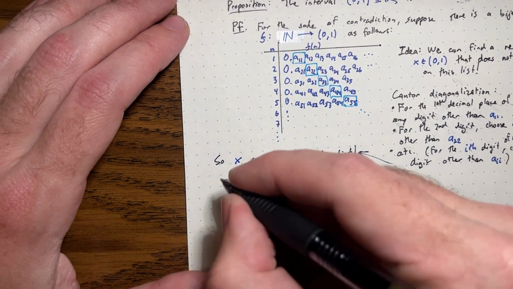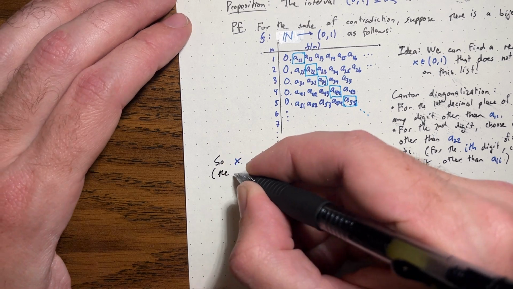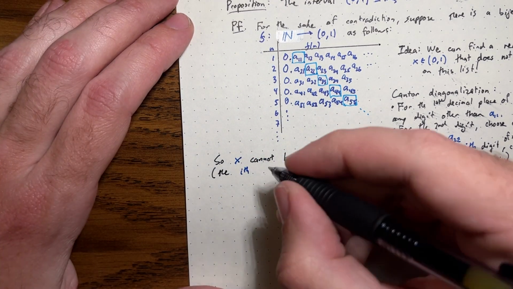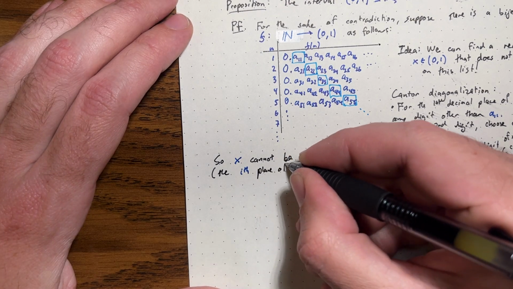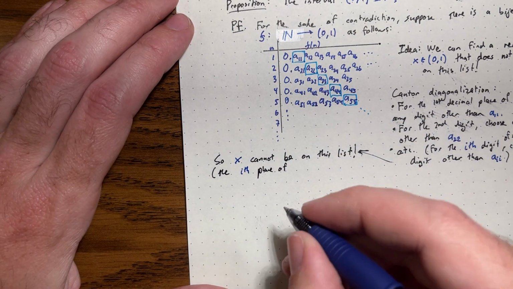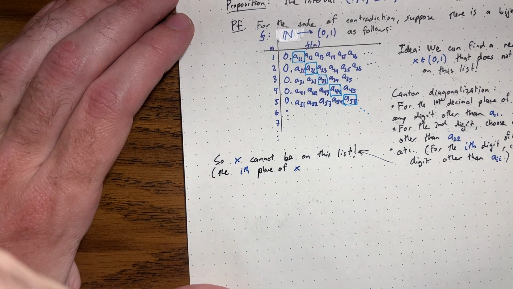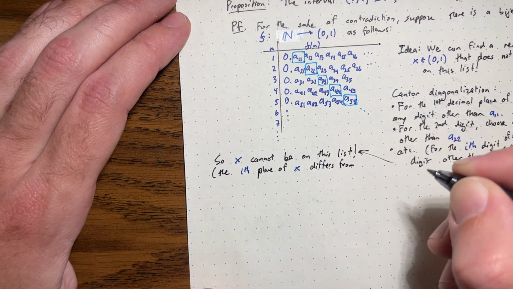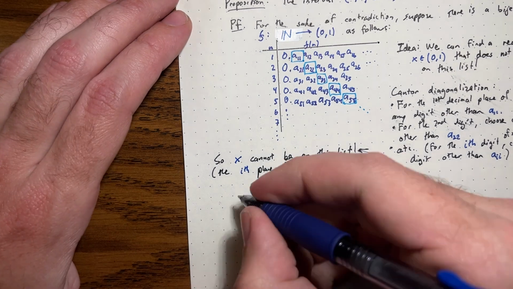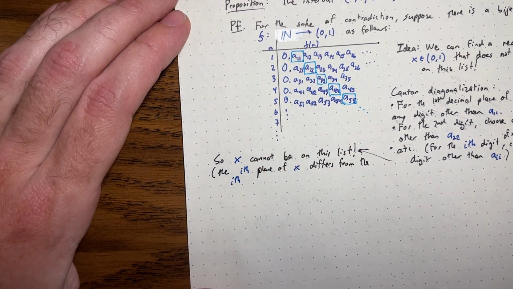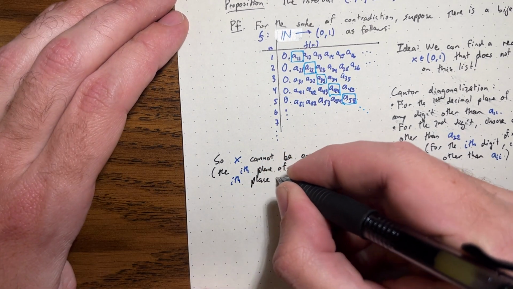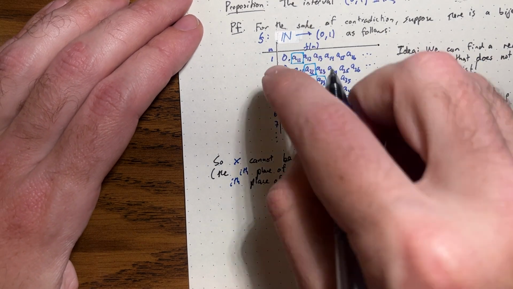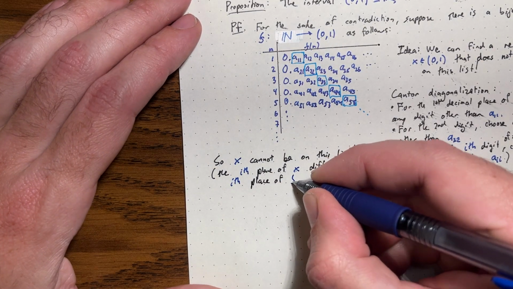The reason is the ith place of x differs from the ith place of the ith number on my list, so of fi, I suppose.